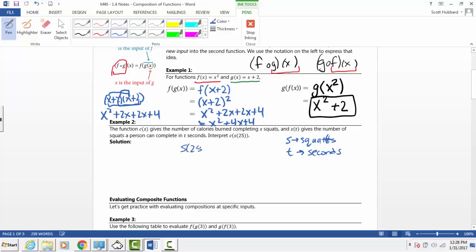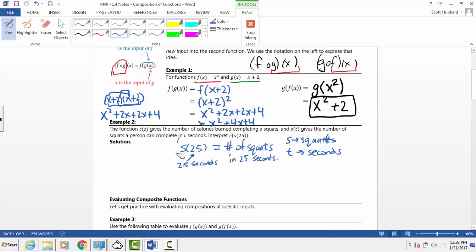So the first part, s of 25, that must be 25 seconds, and s of 25 must mean the number of squats that person can do in 25 seconds.